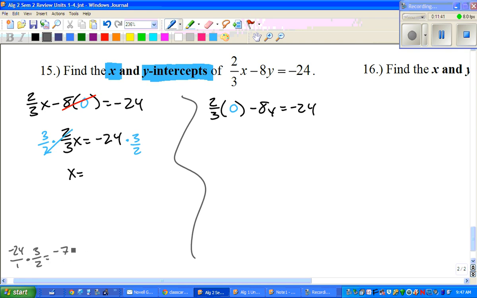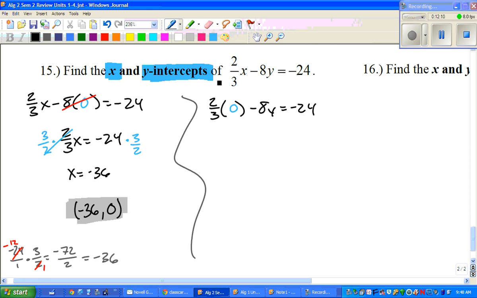Now you can multiply straight across, -72 over 2 and get -36. Or you can cancel and reduce, and -12 times 3 gives you -36. Okay, but the key thing to remember is I want a point. x is -36 and y is 0.